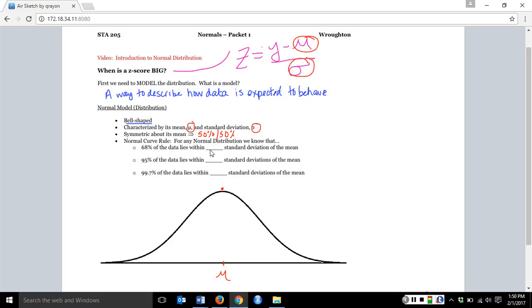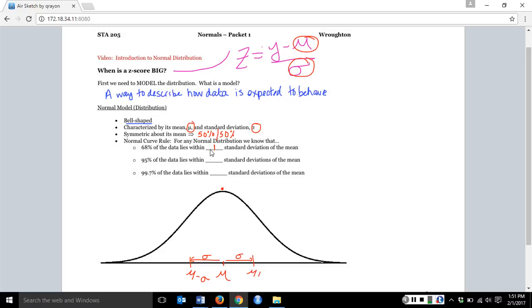We know that 68% of the data is going to lie within one standard deviation. What does that actually mean? If I start at the mean, and we go a standard deviation below it, and we go a standard deviation above it. In a sense, this is going to turn out to be whatever the mean is minus the standard deviation.